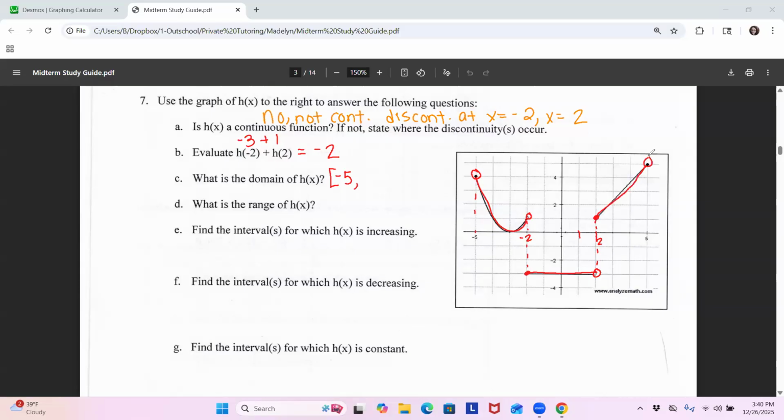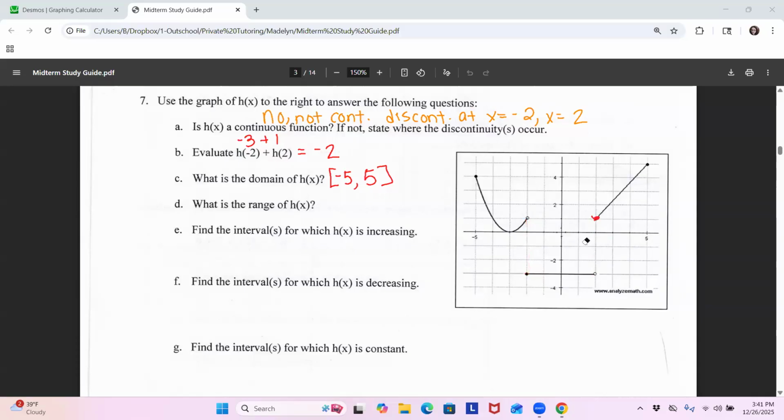And then it comes over here to 5. That's the farthest right. So we do not have to break that, even though it's not continuous, as we discussed in part A, because these open dots get closed in for the same x, it's okay.